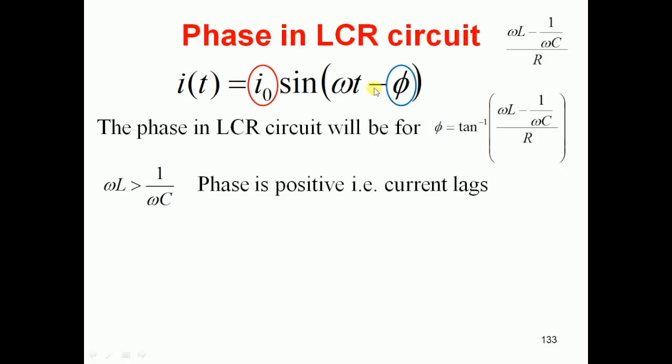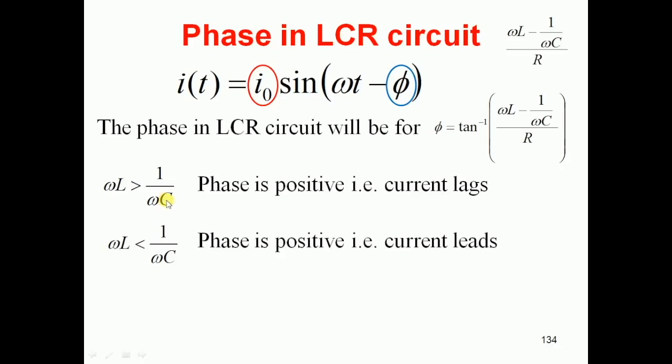Why lags behind? Because phi is positive and it is with a minus sign we have considered at the initial point. So the phase of the current is lagging by angle phi.